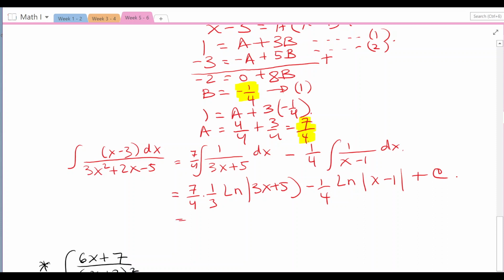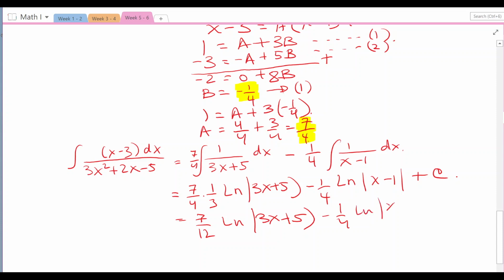We therefore have 7/12 ln of 3x plus 5 minus 1/4 ln of x minus 1 plus c.